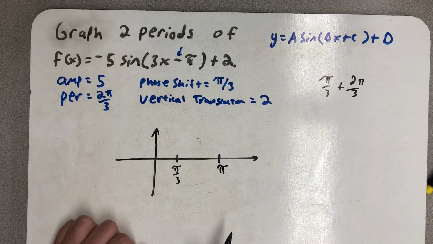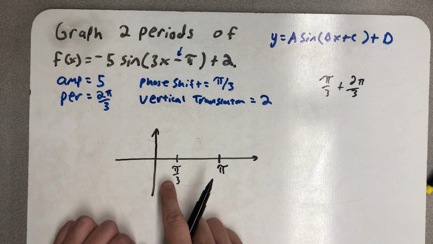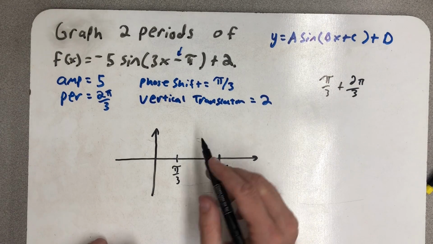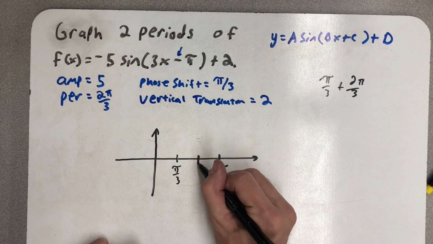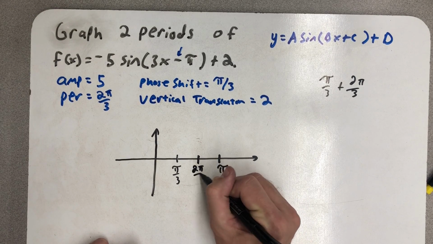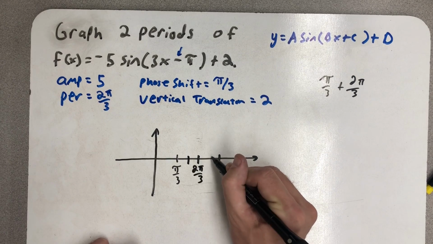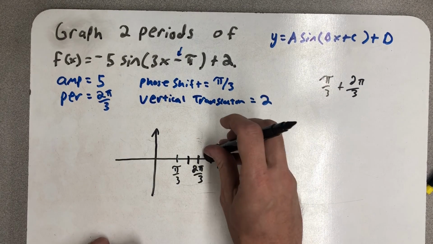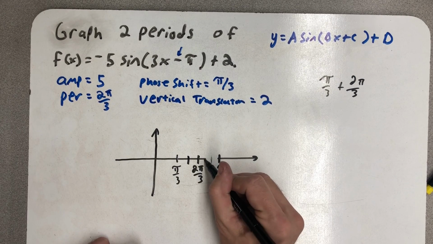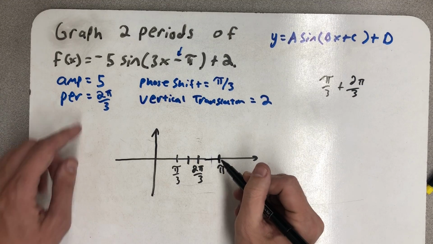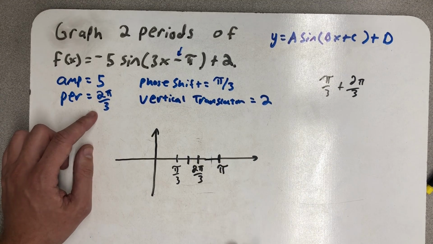Now I need to know the value that's right between pi thirds and pi, and I could think about averaging them, but as I counted up there, 2 pi thirds was right in the middle. And now I need to know these tick marks right in the middle of those spots. And one way to do it is to take the period divided by 4 and add that value to find each of them.